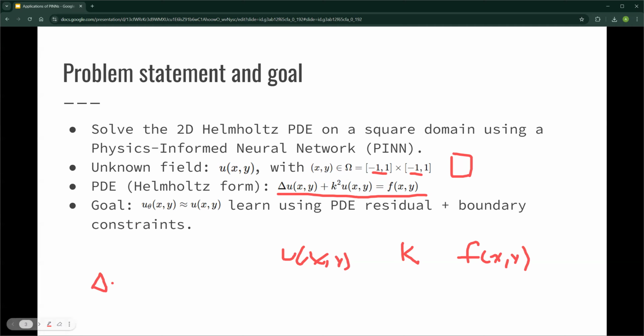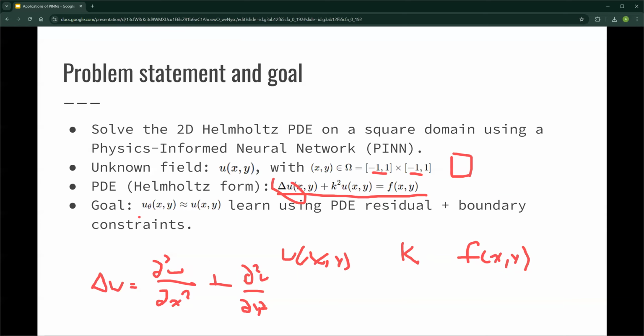This is essentially the second derivatives: the second partial derivative of u with respect to x, and then we need it for y as well, so partial y squared like that. So that's what this represents right here.